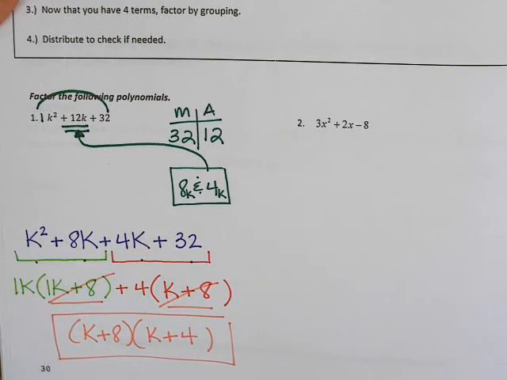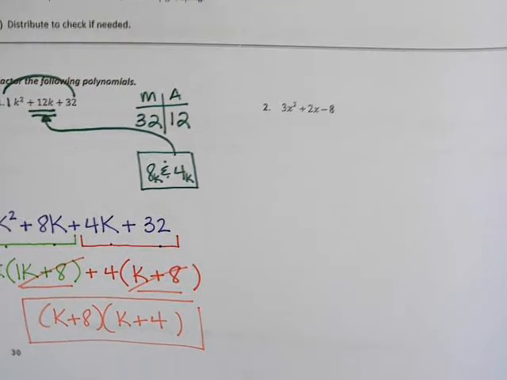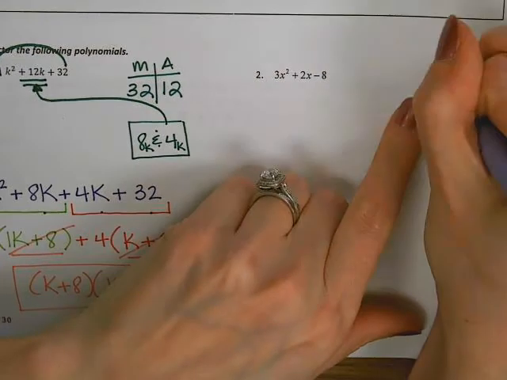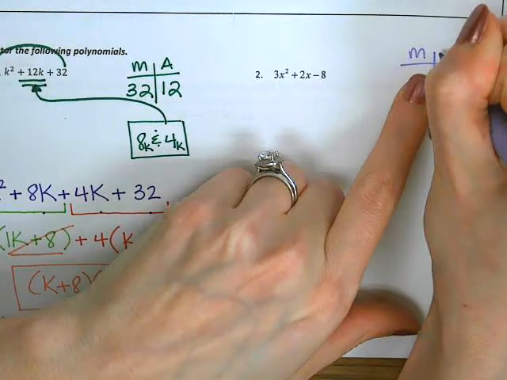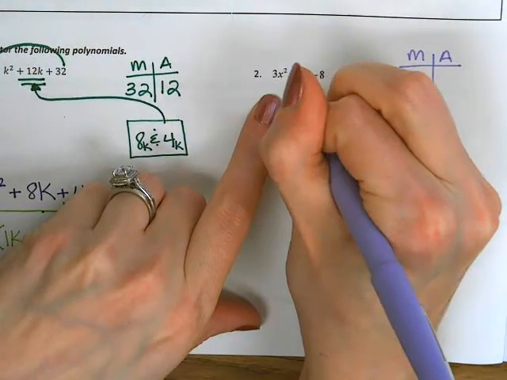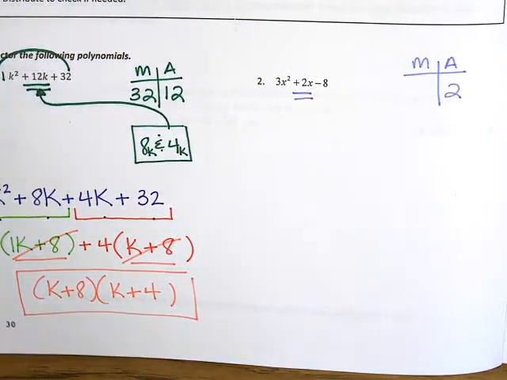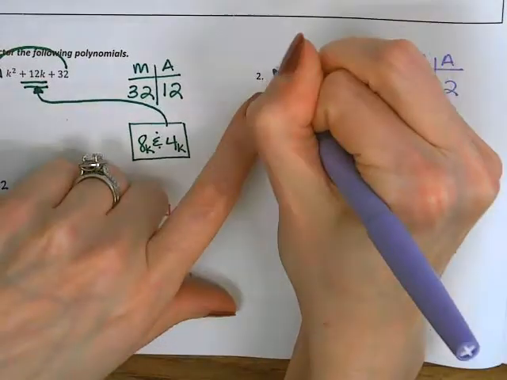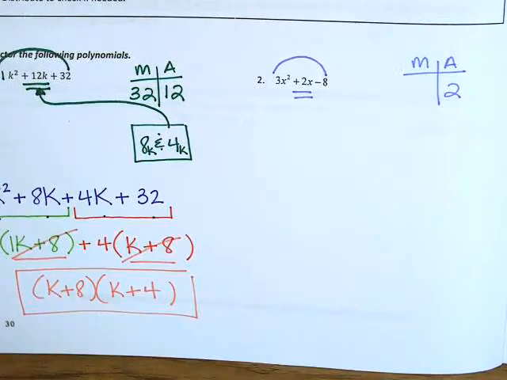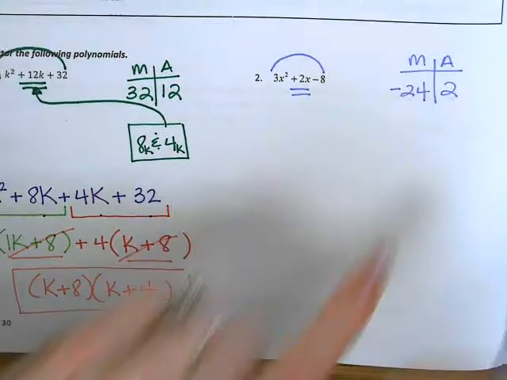All right, let's try one more, number 2. If you didn't understand the guess and check, we're going to do an MA table. So we need two numbers that add to the middle, so 2, but multiply to the product of the first times the last, which is negative 24.